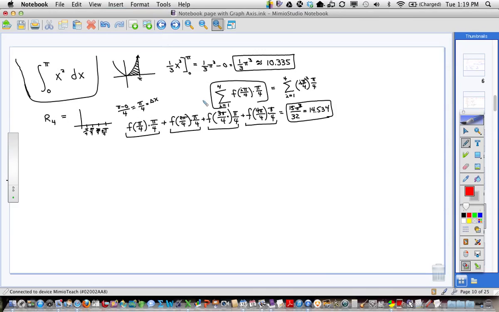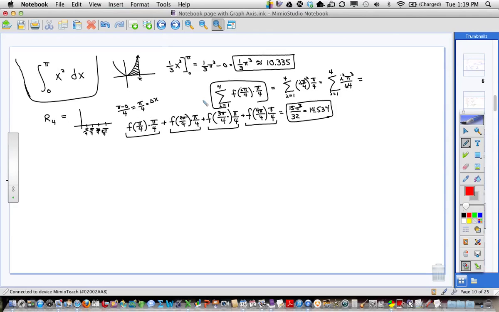Now we can do a little algebra. If we square that, that'd be i squared pi squared times pi. So what would that be? i squared pi cubed. And the bottom would be 4 squared is 16, times 4 is 64. And this would be i equals 1 to 4, right?